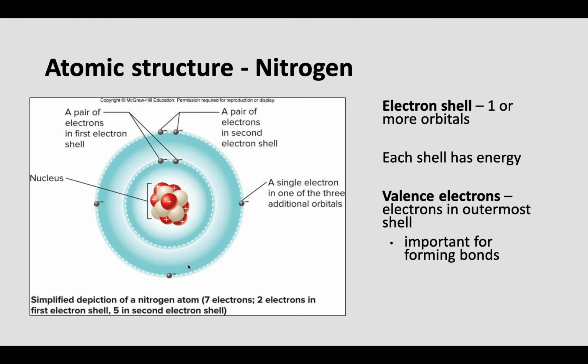In the outermost electron shell, we have the electrons that we call valence electrons. These are the electrons that will form bonds with other atoms. In this case, we have 5 valence electrons. We'll get into this a little bit more, but only 3 of these are really going to be available for forming bonds.